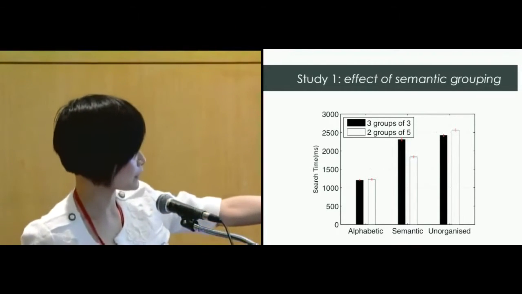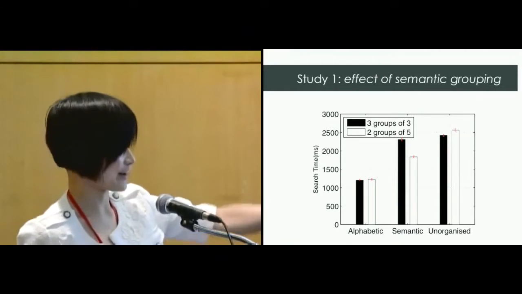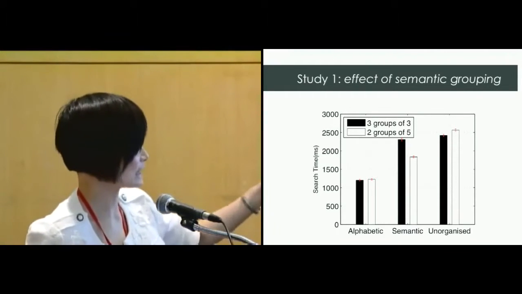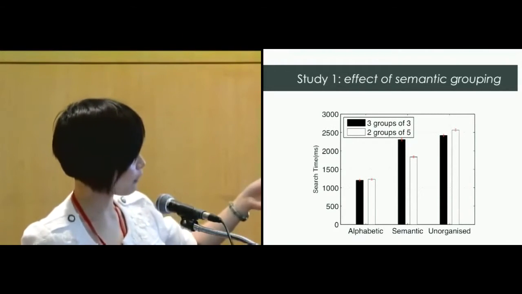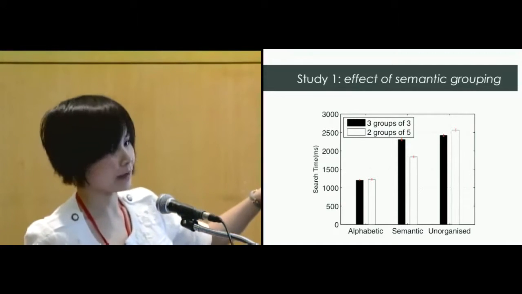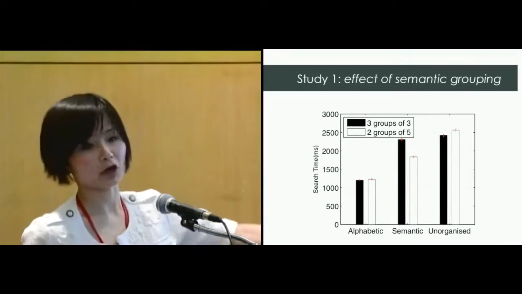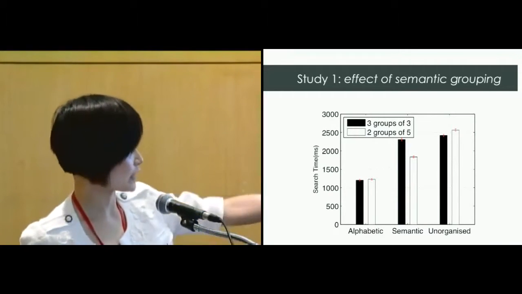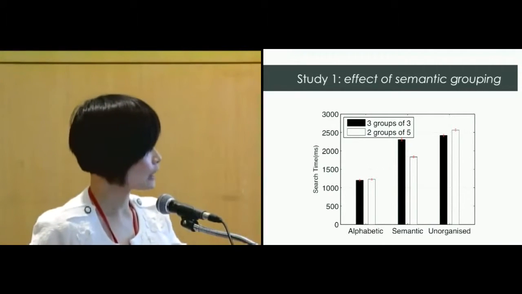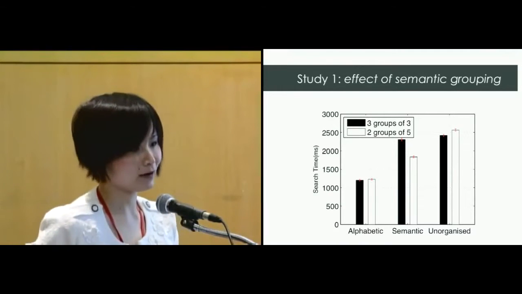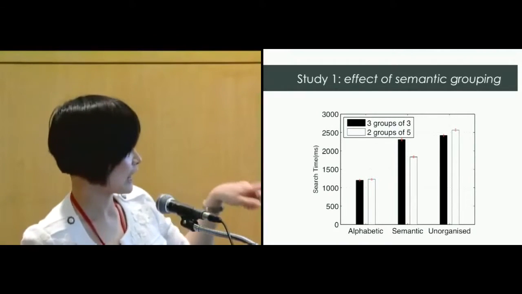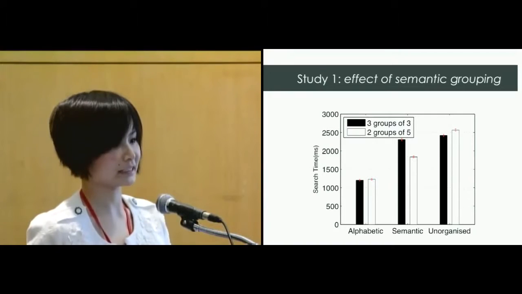But for alphabetic menus and unorganized menus, you can see the model takes longer to search in longer menus. But this effect reverses in the semantic one. If you remember my colleague Duncan's presentation, he has the same finding in the empirical study.